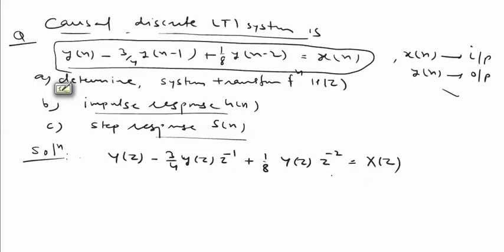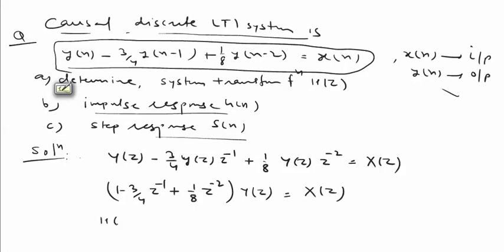X(Z)... 1 minus 3/4 Z inverse plus 1/8 Z inverse square... Y(Z), X(Z), H(Z) equals Y(Z) upon X(Z), which equals 1 upon 1 minus 3/4 Z inverse plus 1/8 Z inverse square.